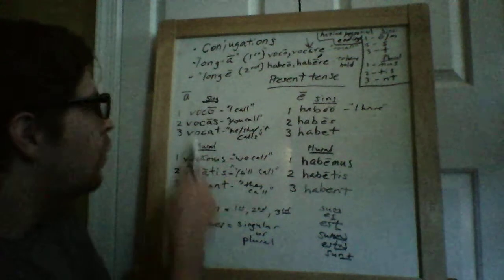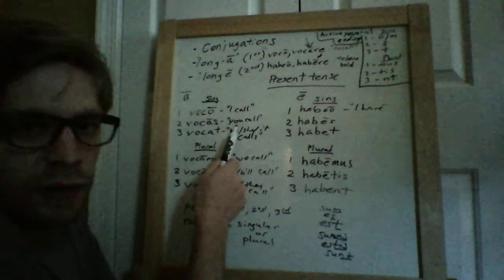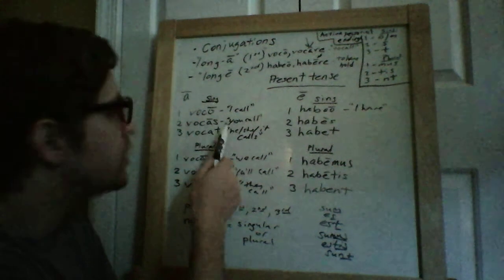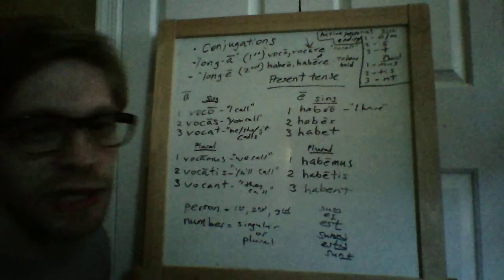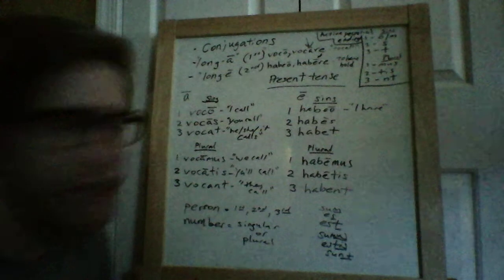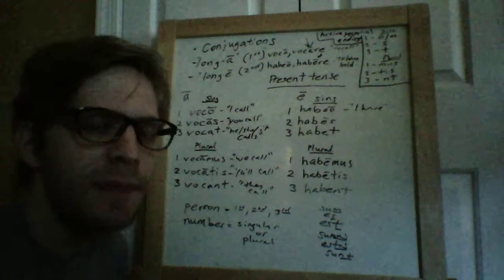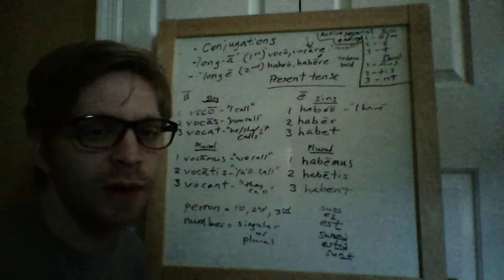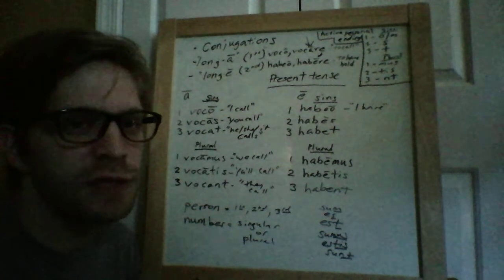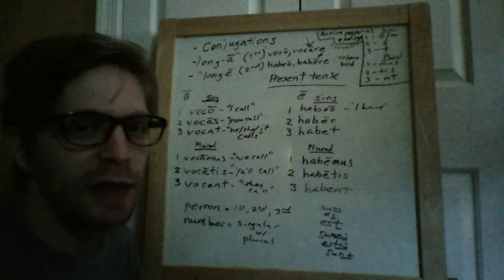So, vocas: you are calling, or you call, or you do call. Vocat: he, she, it calls, is calling, or does call. Keep that in mind when we're working on our translations. There might be a place where one of those three translations would be more appropriate than the others.